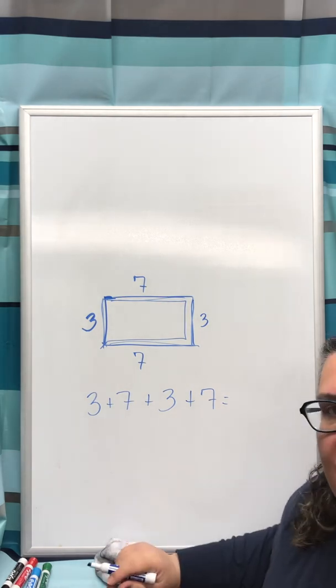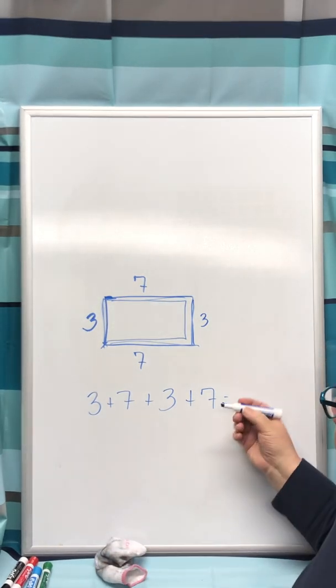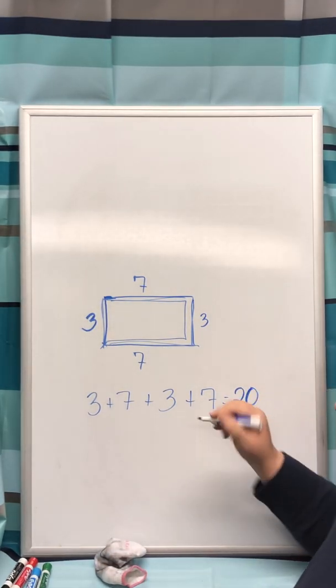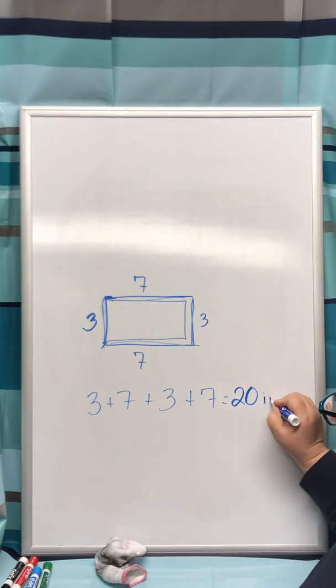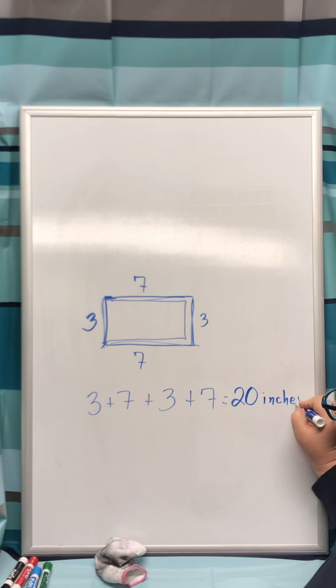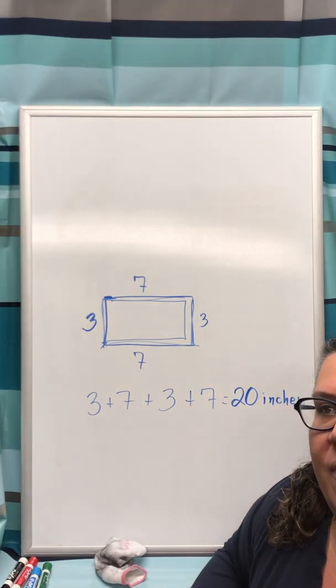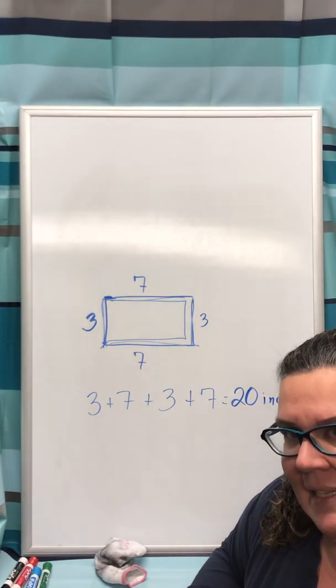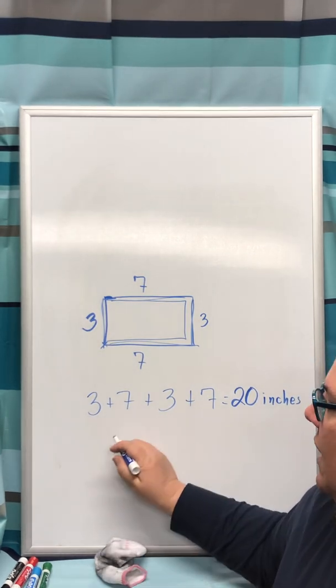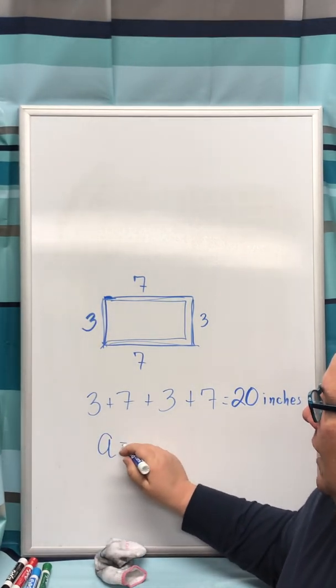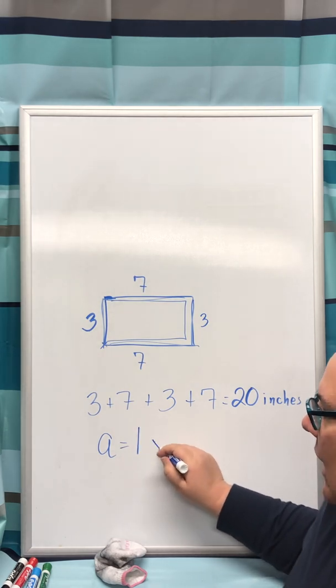Another 3 plus 7 is another 10. 10 plus 10 is 20. And if my units were inches, I would just say 20 inches.